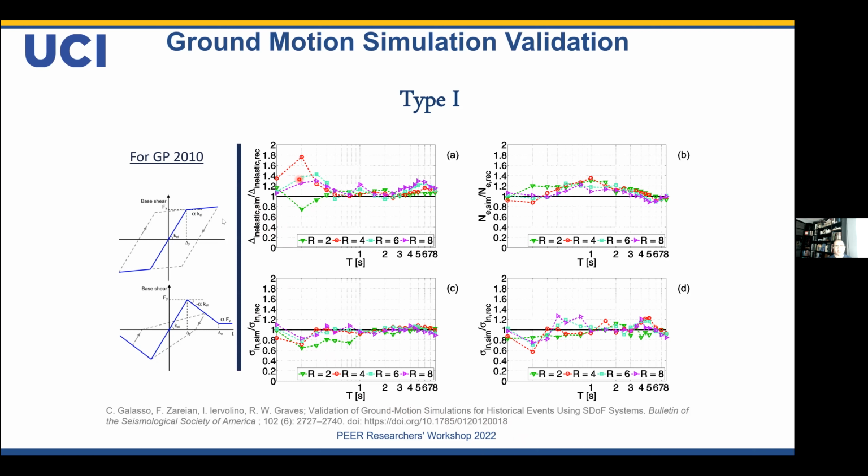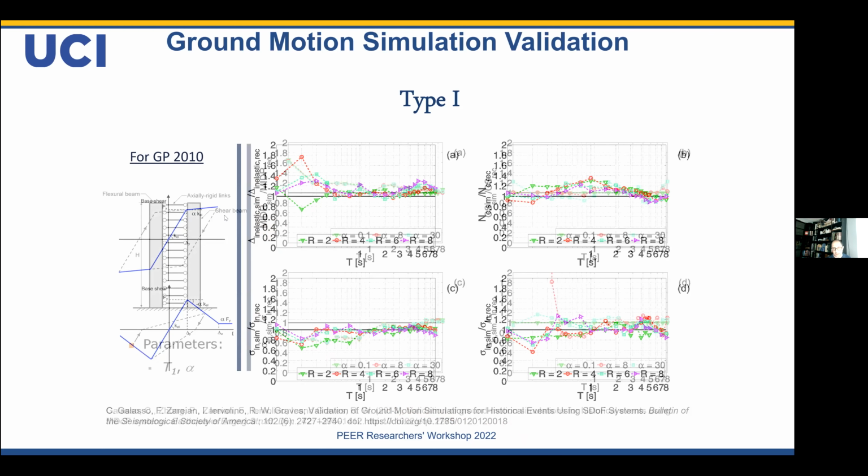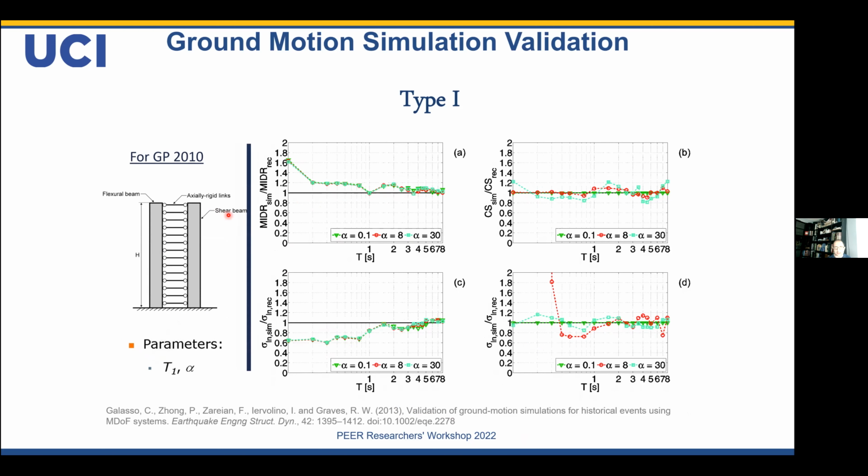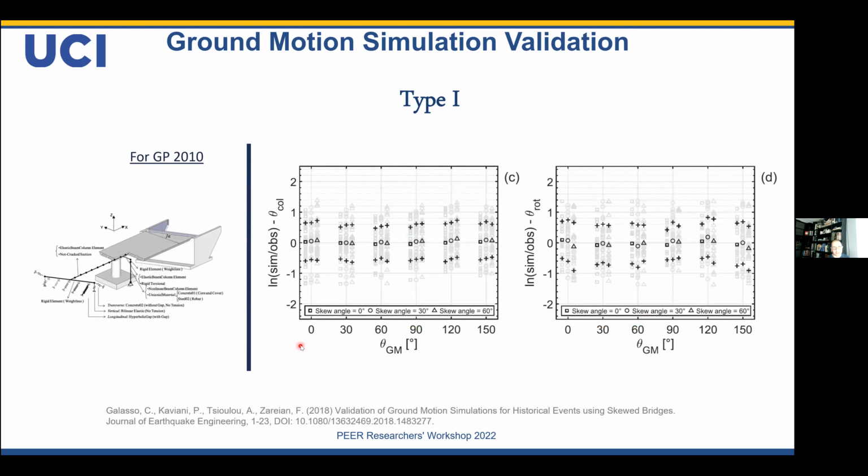Now, we also did the work for MUF structures, and still you see that the ratio of simulated to recorded average is more than 1, and the ratio of sigma simulated to recorded is less than 1. More intensity, less variation. We also did the work for bridges, and this is a picture from a 2010 publication that we had.